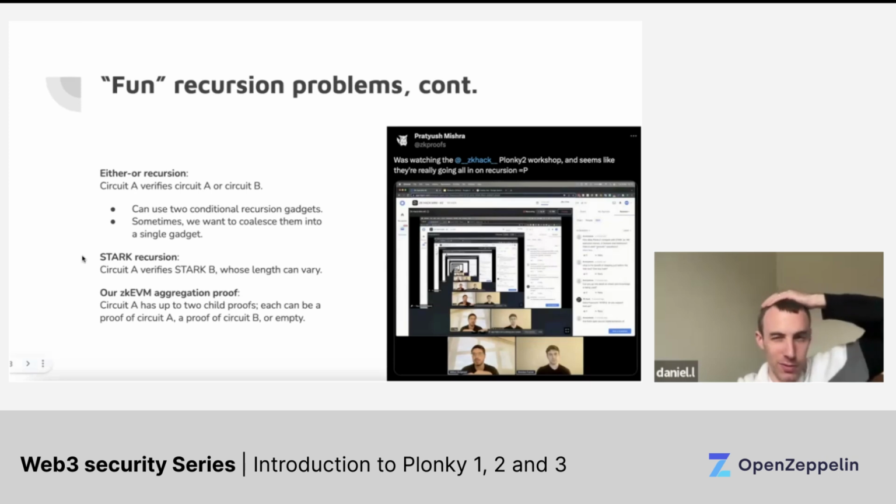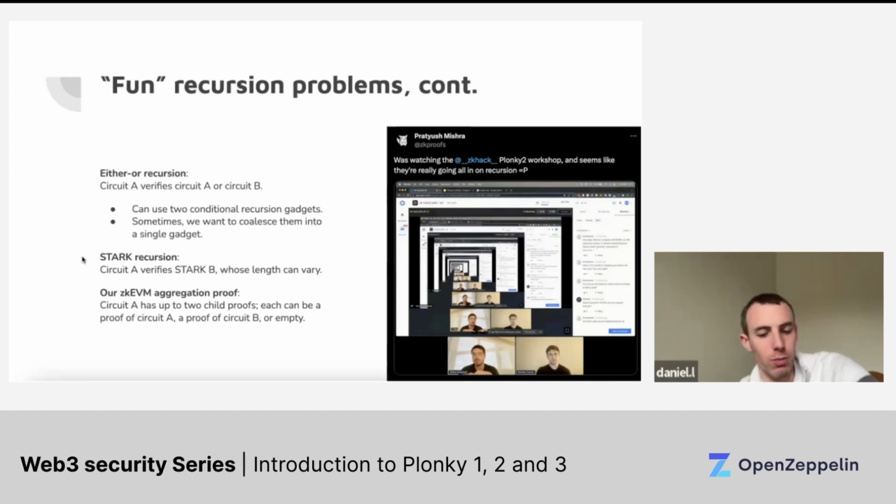And the other really difficult problem with Plonky2 recursion is when we're starting with a Stark proof, because Stark proofs are variable length, right? And we're using these fixed circuits to verify it. But how do we do basically a variable length computation in a fixed circuit? So the way we end up solving this is we go through the whole range of possible sizes for the Stark.